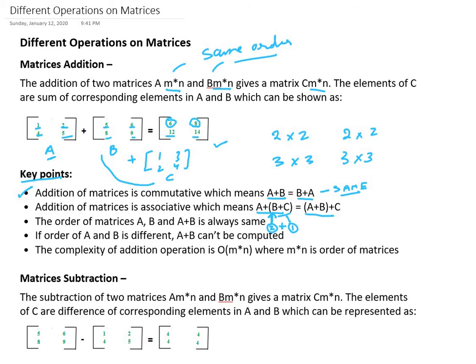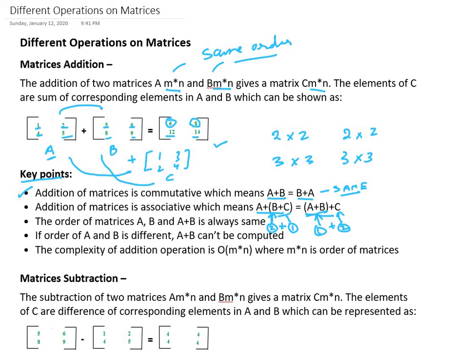If we do it in this way, or if we do it like this, we add A plus B as the first step, and add the result to C, which is the second step. So basically it's associative. Either we add A plus B before adding it with C, or we add A plus C before adding with B. Whichever way we do, we are going to get the same result, right?